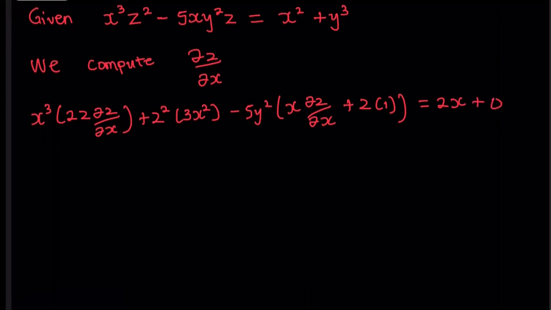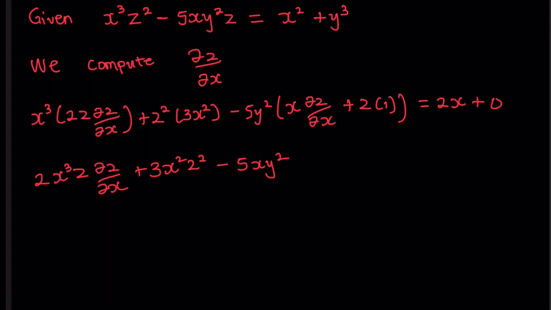Now let's simplify further. 2x cubed z del z del x plus 3x squared z squared minus 5xy squared del z del x minus 5y squared z is equal to 2x.